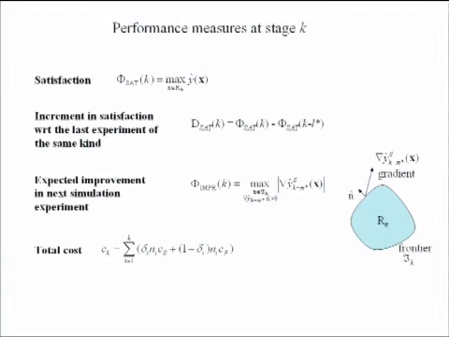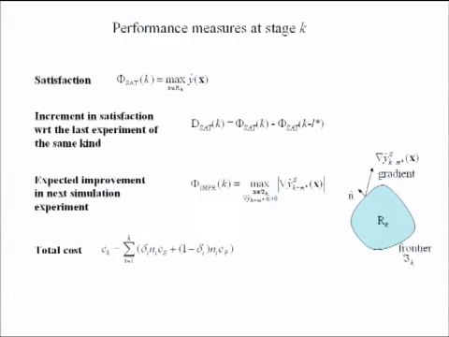The expected improvement in next simulation experiment is important to locate the next region. It's very simple. This function is the maximum of the modulus of the gradient vector on the frontier. Of course, the gradient vector must be going out of the region. So the gradient indicates the direction of maximum increase of the response, so the most desirable region where to experiment more in the simulation.